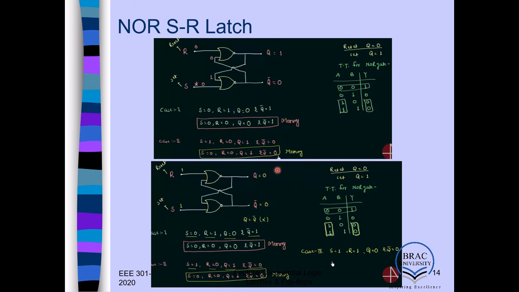If either of the inputs is 1, like this one 1, and this could be 1 or 0, similarly this one 1, this could be 1 or 0, then output is 0. So for this one output 0, for this one output 0. So Q and Q prime become 0 0.